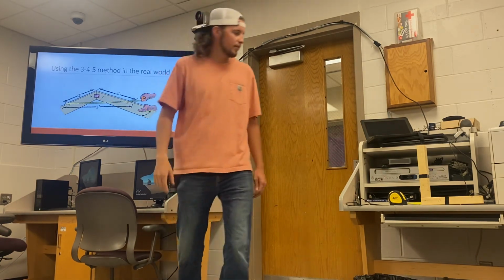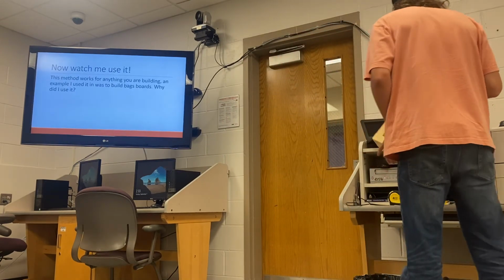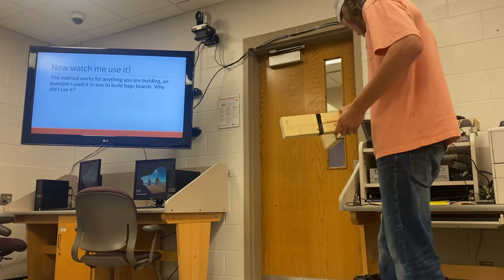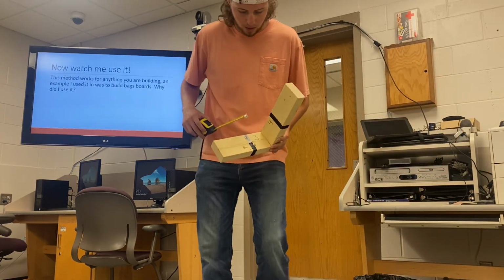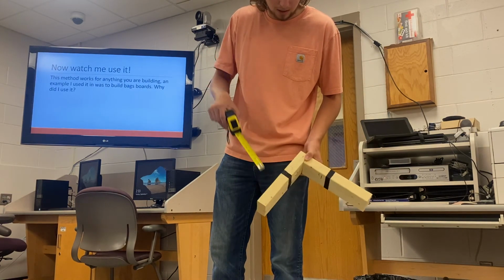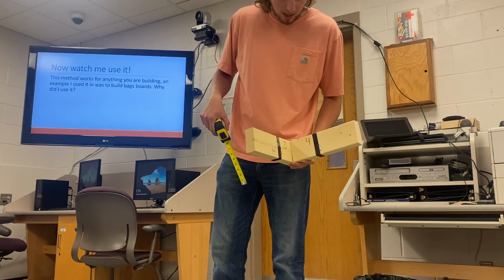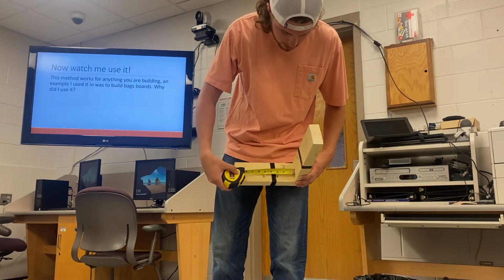And then I have an example to show. So I made this to show everybody. Hopefully you can see it on the camera. I put this tape here to just make it easier for you guys to see on camera, but it's just two 2x4s put together. This side will measure out 3 inches. That's where that tape is.